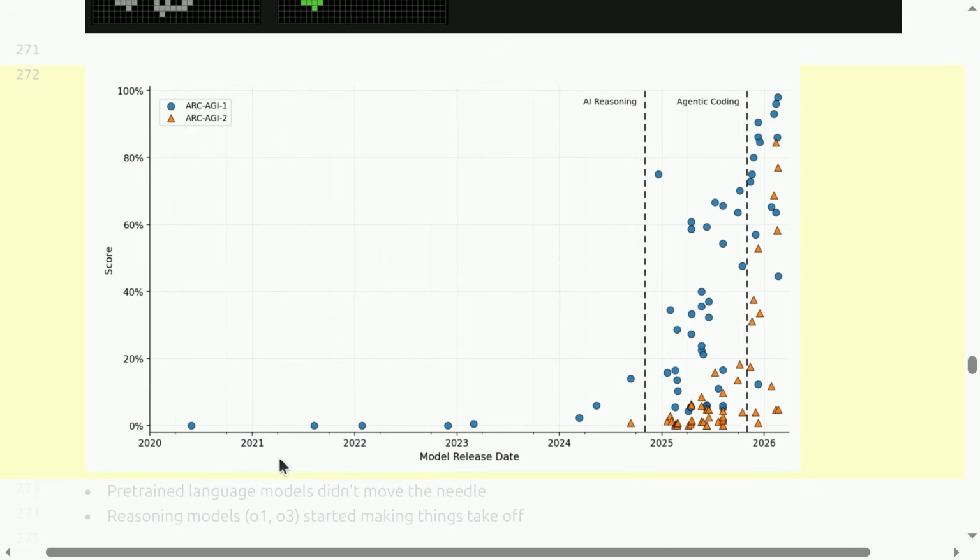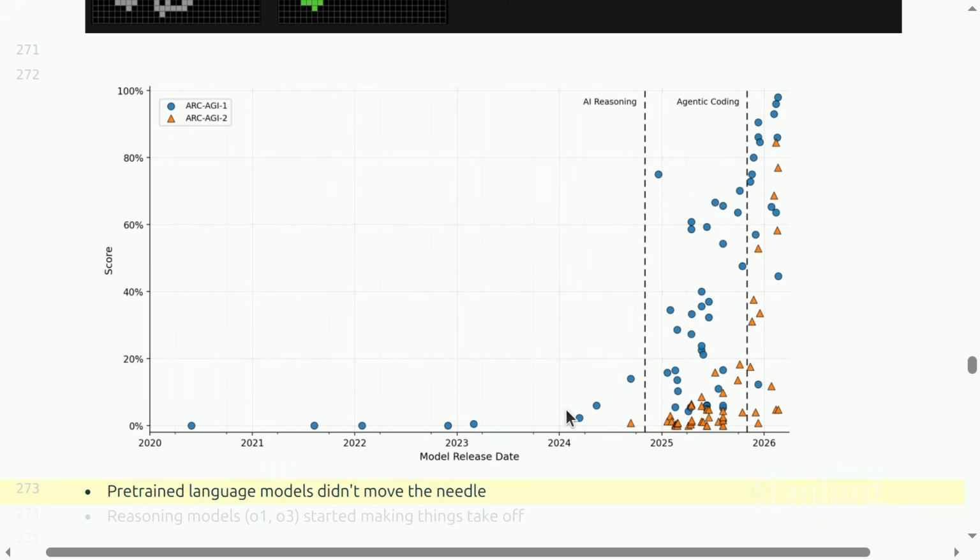So here's the trajectory. When ArcAGI 1 came out, I think this is actually 0. Basically, models didn't do anything. This is like GPT-3. Pre-trained models didn't move the needle at all, right? And this was exactly as the creators had intended.